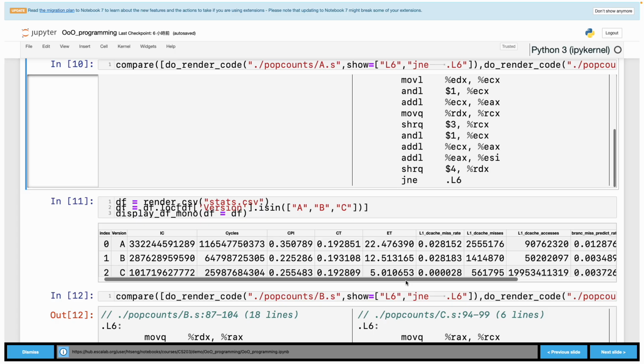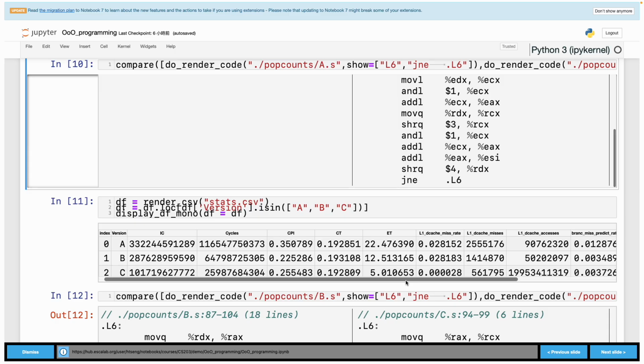However, if you look at CPI, it's actually worse. Again, don't forget, execution time is a combination of instruction count, CPI, and CT. And here, the only thing that we don't change is the CT. However, the CPI is going up. But why do we still get a significant reduction in execution time? Just because we have reduced the instruction count very significantly.